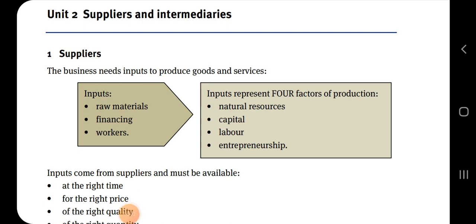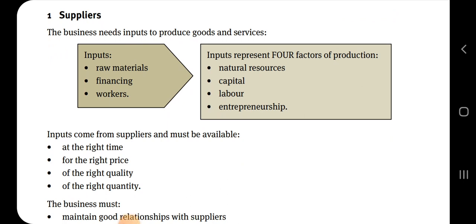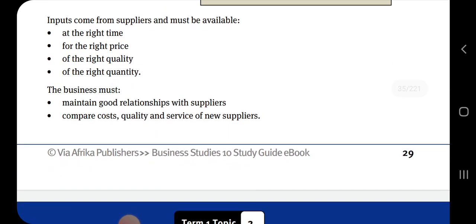And then number two, we have suppliers. The business needs input to produce goods and services. So when we are selling, we need someone to supply us with either raw material or whatever we will need in order to carry on business as usual. So it is very important that we get input from suppliers at the right time, right price, right quantity, and right quality.